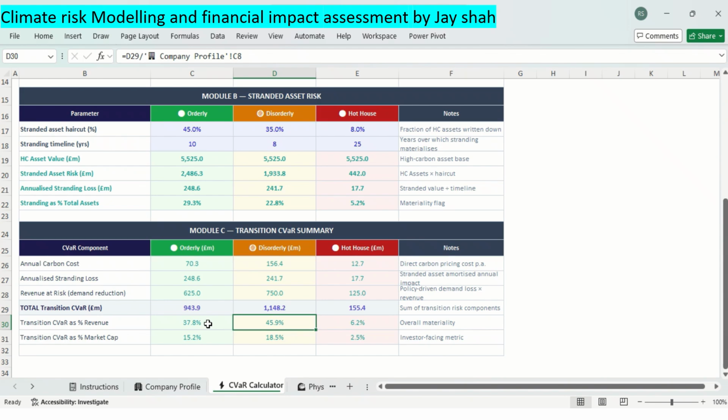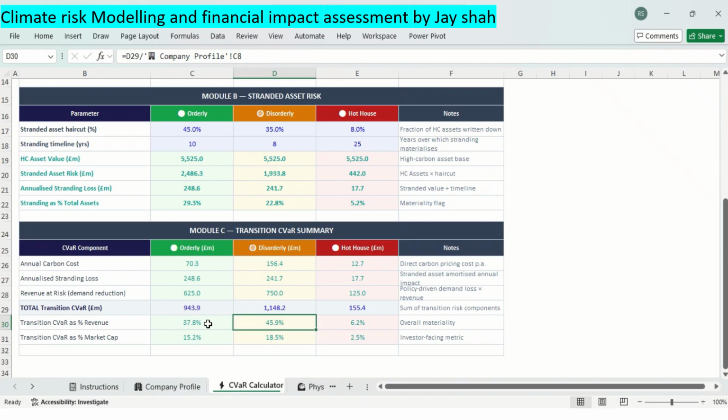You just try to understand, this is Acme Energy Company, and they are a highly carbon asset exposed company, and that is why the orderly scenario affects them more, and that is why a transition value at risk of 37.8 percent is there.